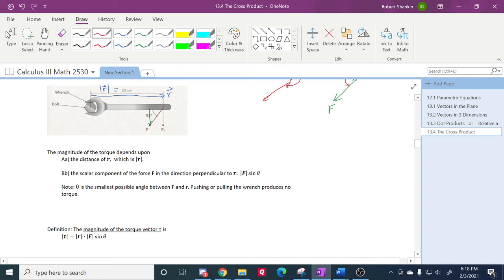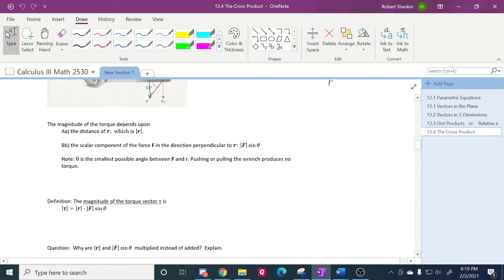The magnitude of the torque vector tau is the magnitude of R, the longer the wrench, the more torque you're going to get, times the magnitude of force times the sine of theta, which is just going to give you this vertical component of the force if this was horizontal. So we multiply these two together, and we're going to get the torque. Hopefully that makes a little bit of intuitive sense.